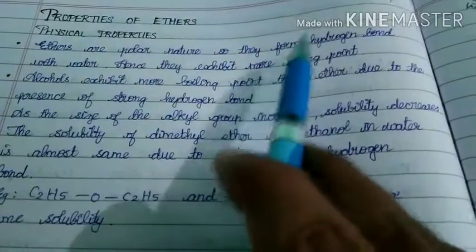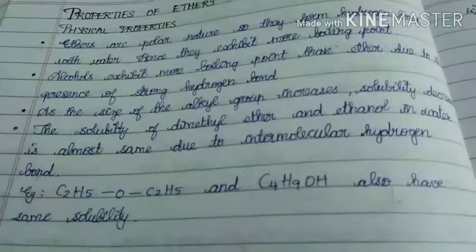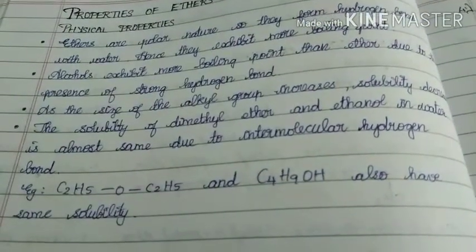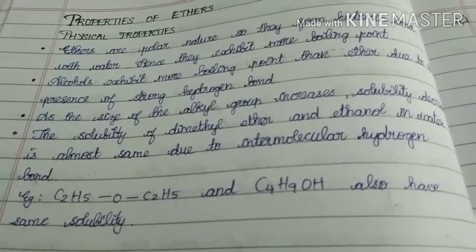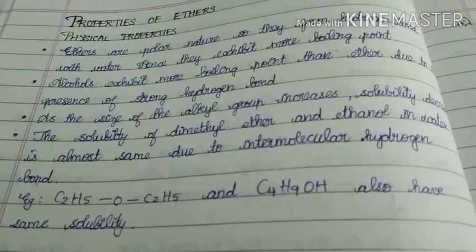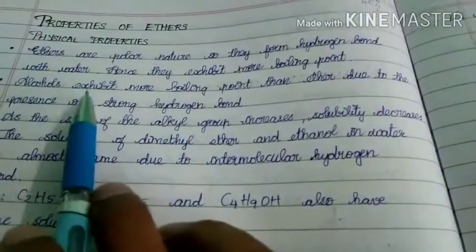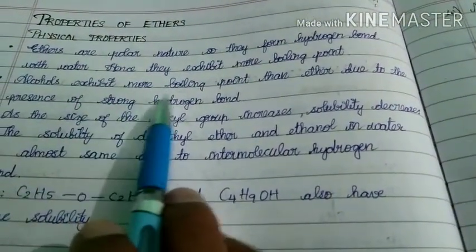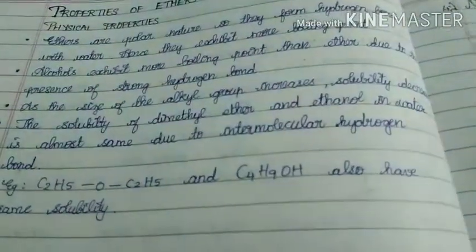So they form hydrogen bond with water. Hence they exhibit more boiling point. If any compound exhibits hydrogen bond with water, it has more boiling point. Next, alcohols exhibit more boiling point than ethers due to presence of strong hydrogen bond.